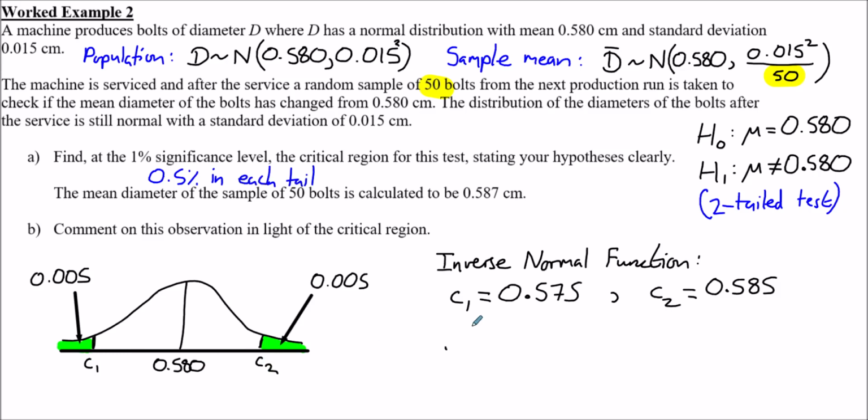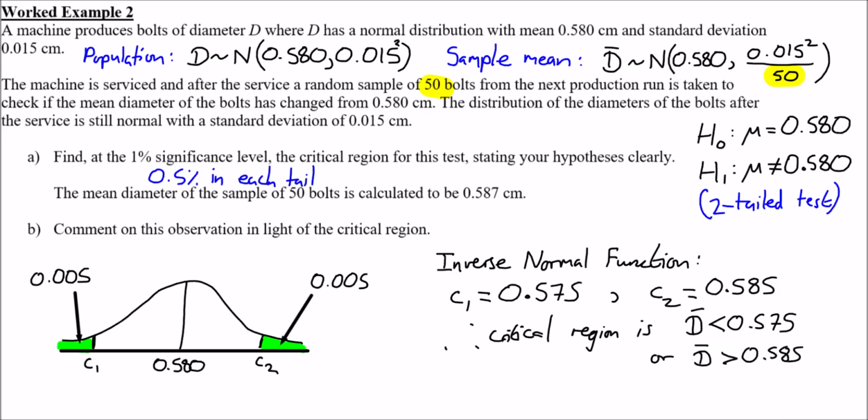So therefore, the critical region is anything less than 0.575. So the critical region is where D bar is either less than 0.575, or where D bar in this higher tail is greater than 0.585.